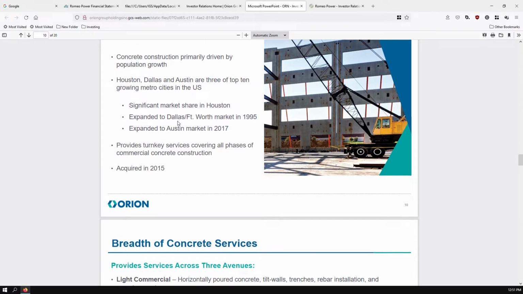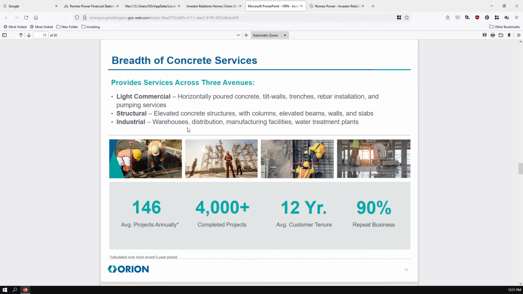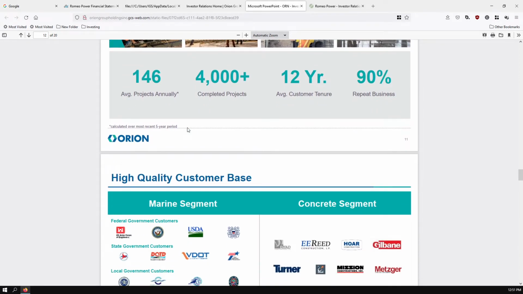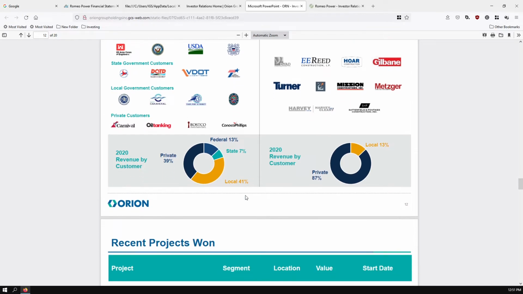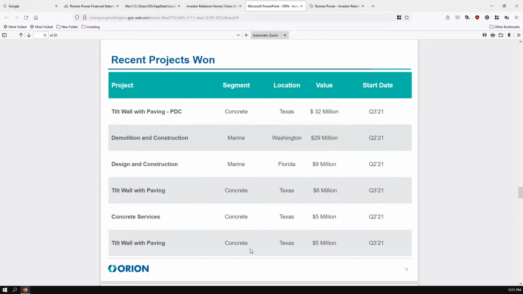It tells you the markets that they expand into. And the companies that they've worked for, some high-end names here. And they also do federal, state, and local government projects. And this will detail the actual projects, the amounts, and the start date.